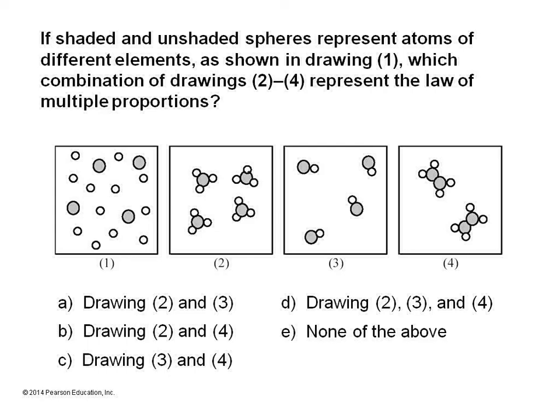If I look at this first one here, I have 3 small to 1 big. Here my ratio is 1 small to 1 big. Here my ratio is 4 small to 2 big. Ratio should be in lowest terms, right?